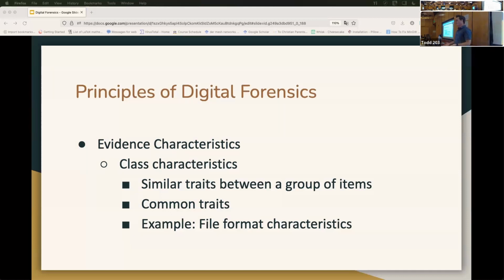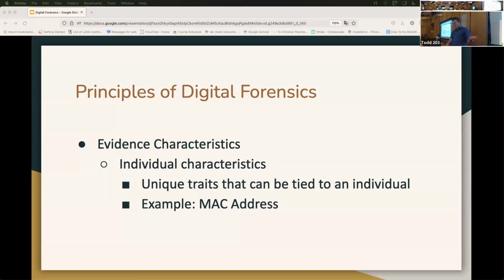So if we see an exe file, we know that's an executable. So we know that is doing something on the system. Is it executing commands that we want, or is it malware, right? This is going to direct where our investigation is going. Similarly, we've got individual characteristics like MAC addresses or IP addresses. This is going to help tell us who is doing something.